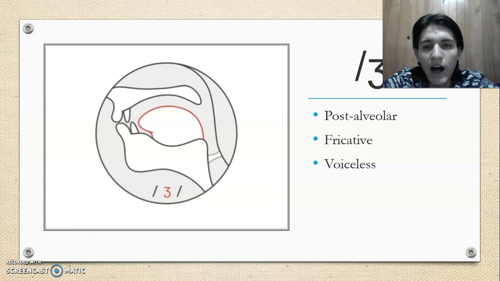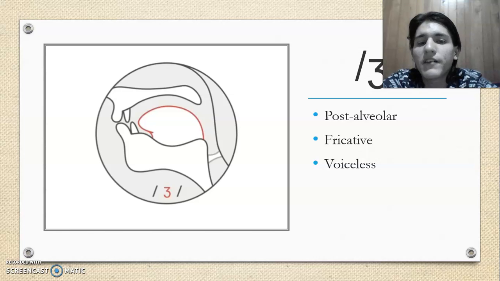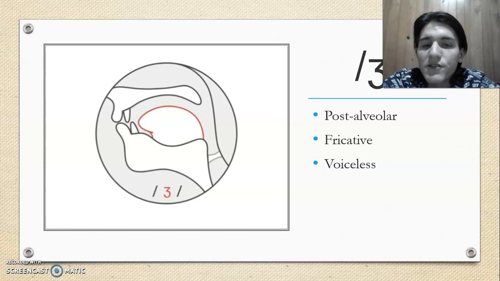Well, how to make this sound? First, slightly open your mouth and round your lips. You may push them out a little. Arch your tongue and raise it to the roof of your mouth, but don't touch it. Make sure there is a small gap between them. Next, release a stream of air over your tongue.